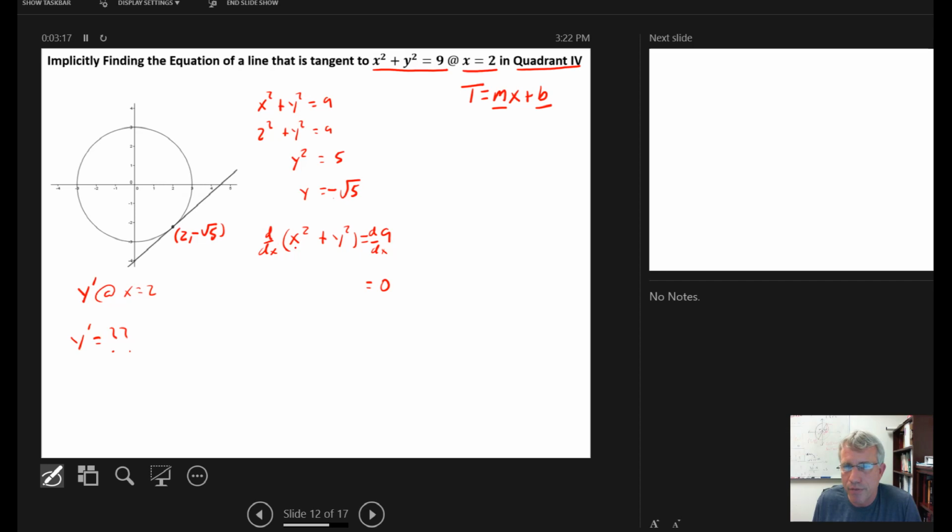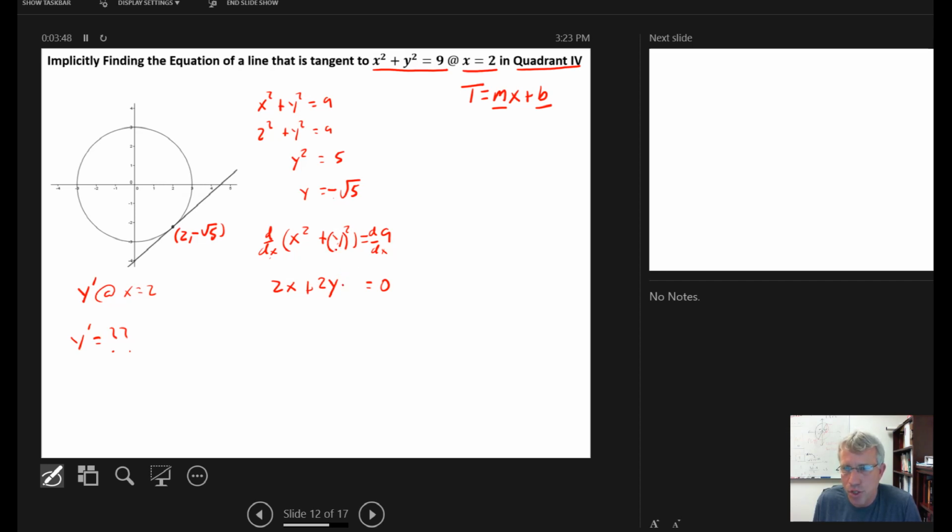The derivative of x squared is just 2x plus the derivative d dx of y squared. So now I see that I have y implicitly defining a function of x, and y is inside the squaring function. So first we take the derivative using the general power rule. We bring the 2 down into that coefficient position in front of the y, reduce the exponent by 1, so we get 2 times y to the first power, which is just 2y.